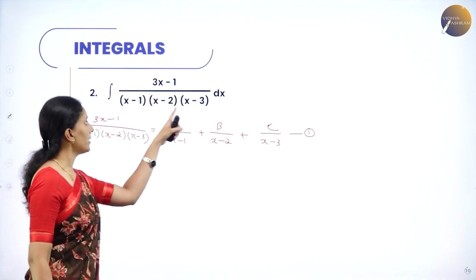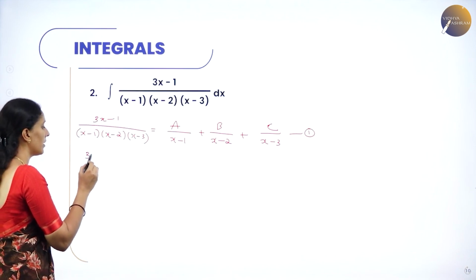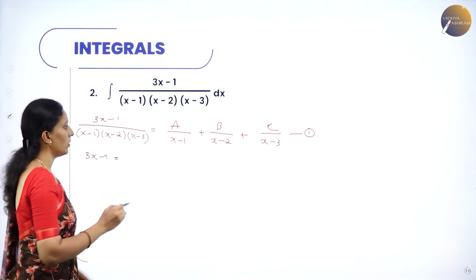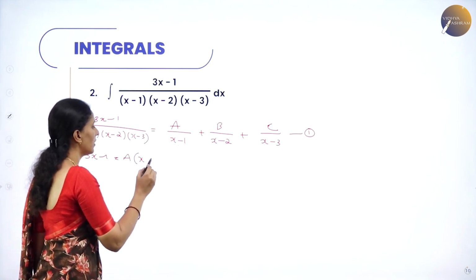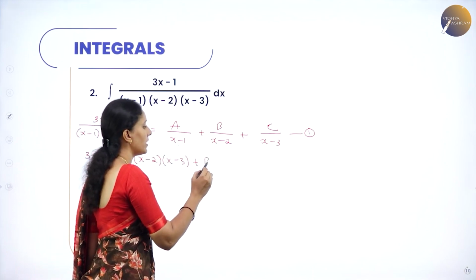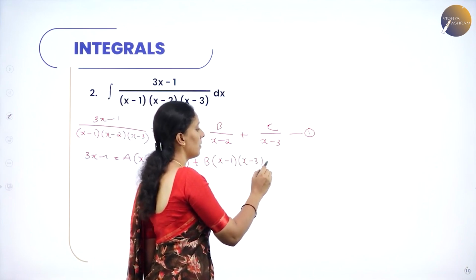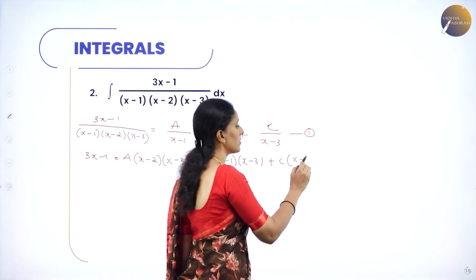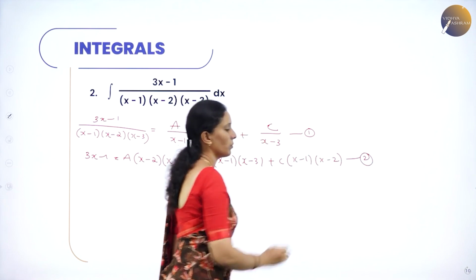Now multiply the denominator value throughout the equation. What you will get? You will get 3x minus 1 is equal to, x minus 1 cancels, a into x minus 2, x minus 3 plus b into x minus 1, x minus 3 plus c into x minus 1, x minus 2. Take this as equation 2.